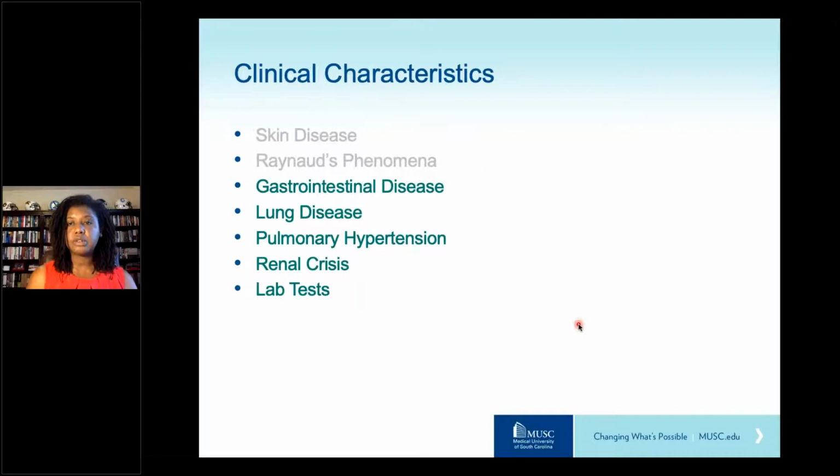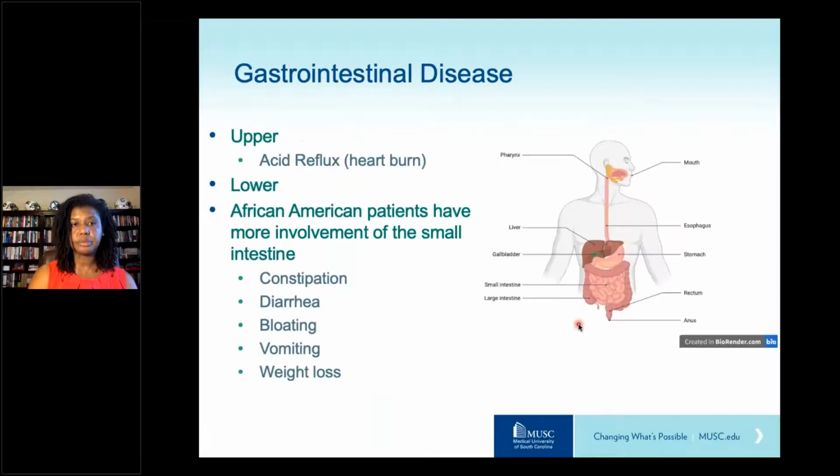Another clinical characteristic that unfortunately affects our patients with scleroderma is gastrointestinal disease. If we look at the depiction on the right, this is a simplistic view of the gastrointestinal tract, and it can be divided into the upper and the lower gastrointestinal tract.